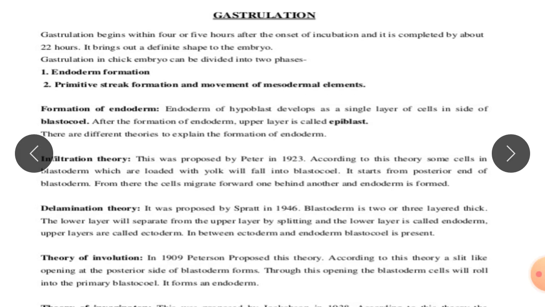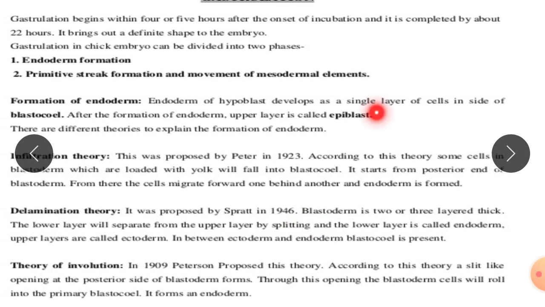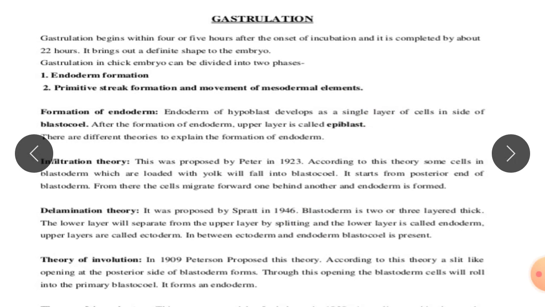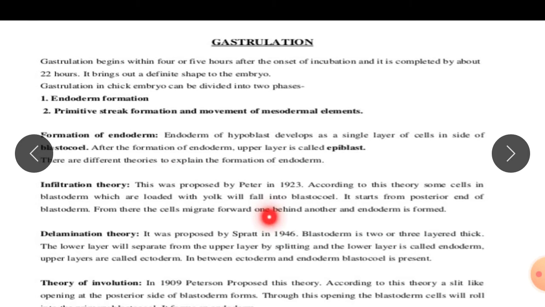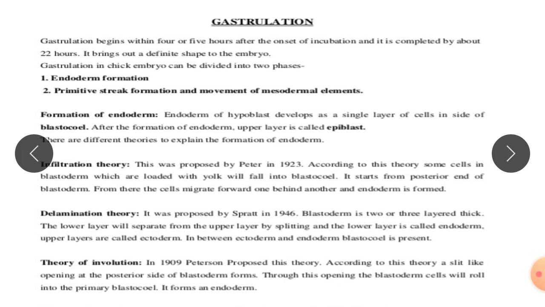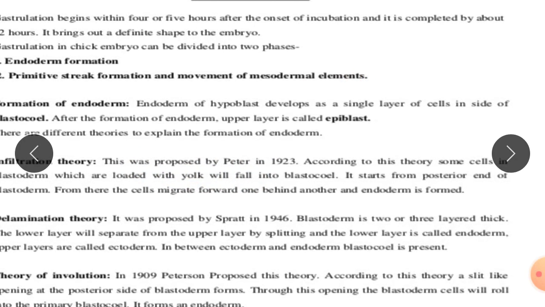So formation of endoderm. Endoderm or hypoblast develops as a single layer of cells inside the blastocele. After the formation of endoderm, the upper layer is called epiblast. There are different theories to explain the formation of endoderm. Number 1, infiltration theory, proposed by Peter in 1923.